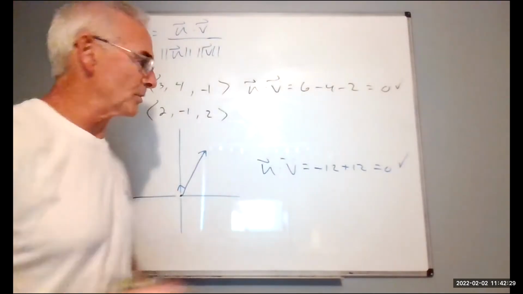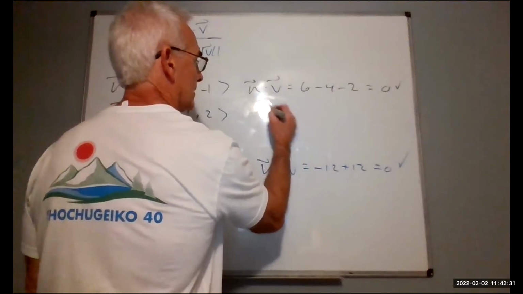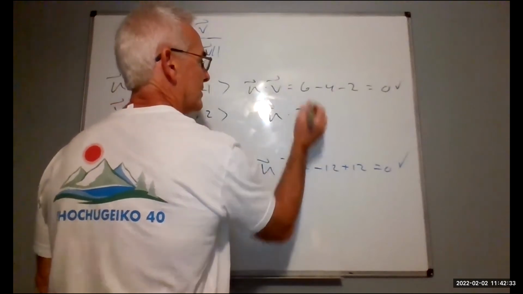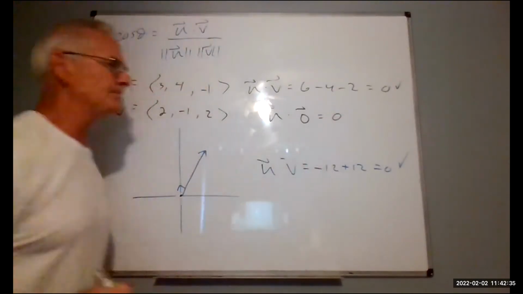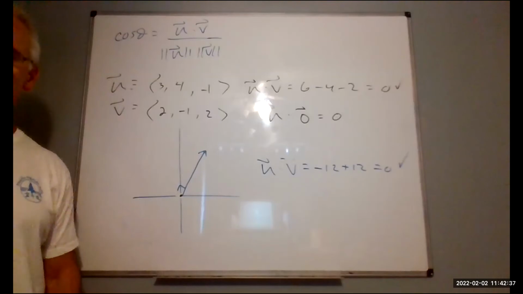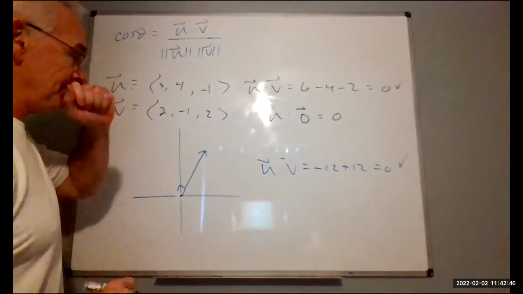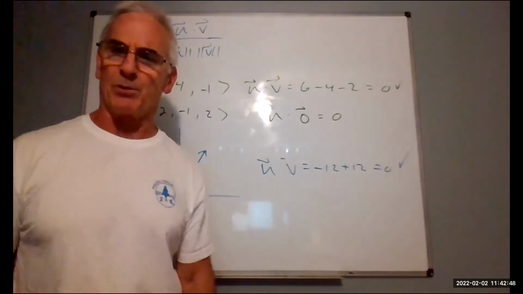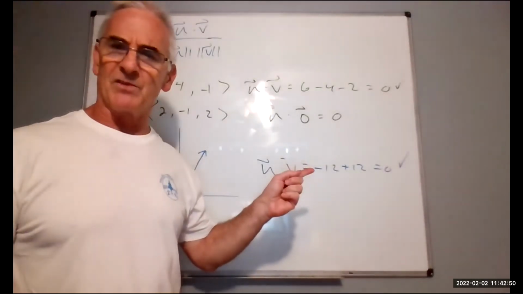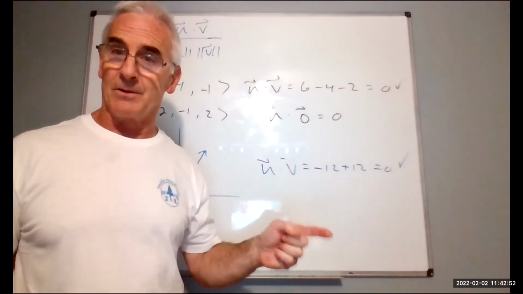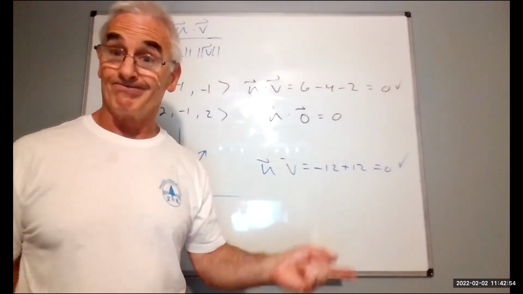So if I took the 0 vector and I dotted it with another vector, won't I always get 0? What do you guys think? Will I always get 0 if I use the 0 vector and the dot product? Yes. But if we're saying orthogonal if and only if the dot product is 0, that would mean the 0 vector has to be orthogonal to all vectors. It is.